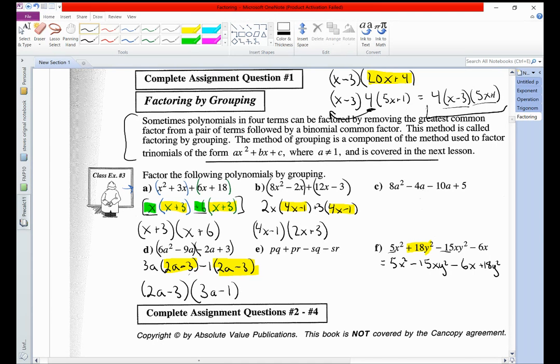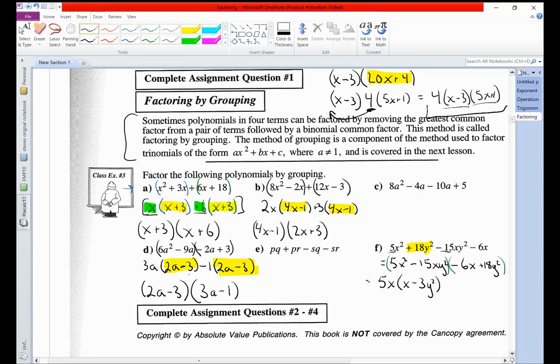Now within my 4 terms, I've got the terms that are nicest together: the 5 and the 15, and the negative 6 and the 18. They seem to go together nicely. In the first bracket, 5x squared minus 15xy squared, I can pull out 5x, and I'm left with x minus 3y squared.